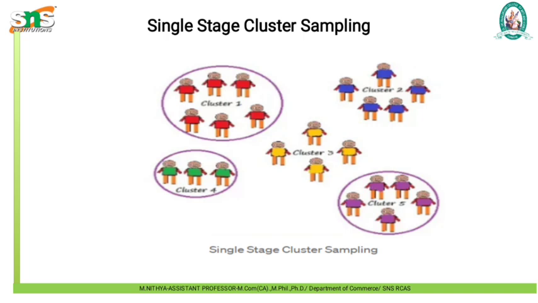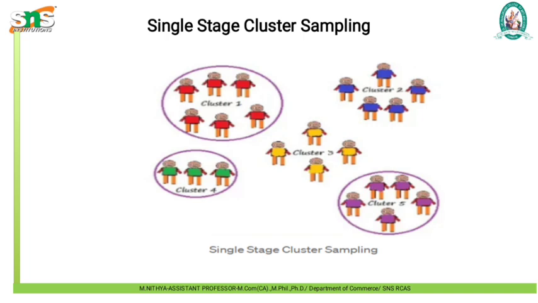An example of single stage cluster sampling: an NGO wants to create a sample of girls across neighboring towns to provide education. Using single stage sampling, the NGO randomly selects town clusters from a sample and extends help for girls' education in those towns.